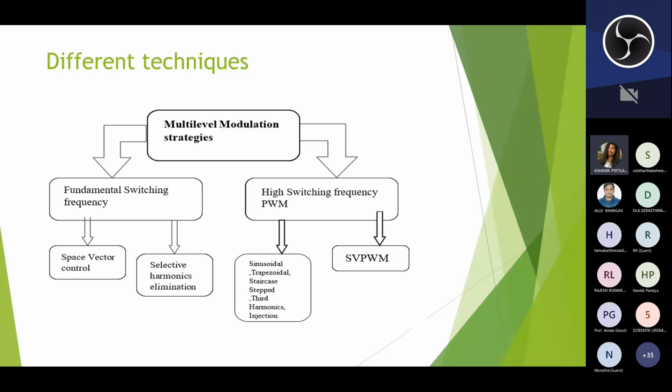Coming to third harmonic injected PWM, it is similar to SVPWM, but the reference signal is not a pure sinusoidal wave. It is made of a basic component plus a third harmonic component. This strategy results in increased amplitude and improved DC source usage.